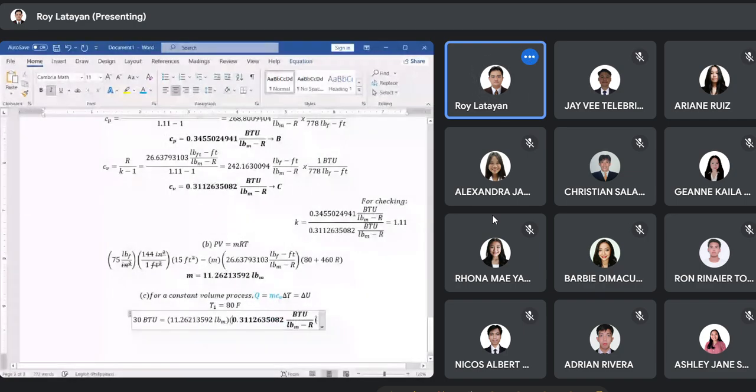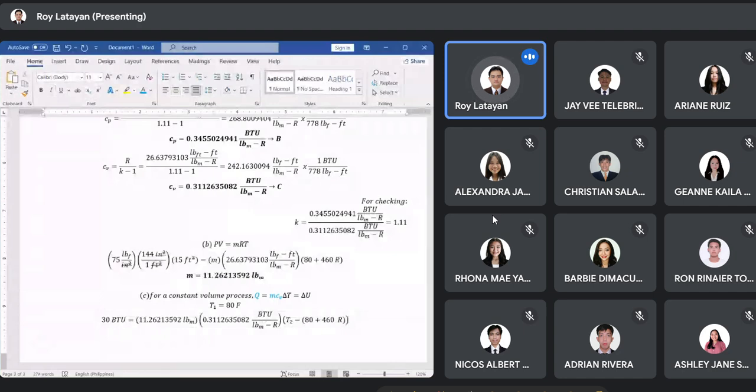Tapos, T2 minus T1. So, pwedeng ganyan or yung nakarangkain. Same lang naman yung lalabas siya as I have said nung last time na yung R naman dito sa cancellation of units is same siya ay pwede ding Fahrenheit degree or Rankine degree.